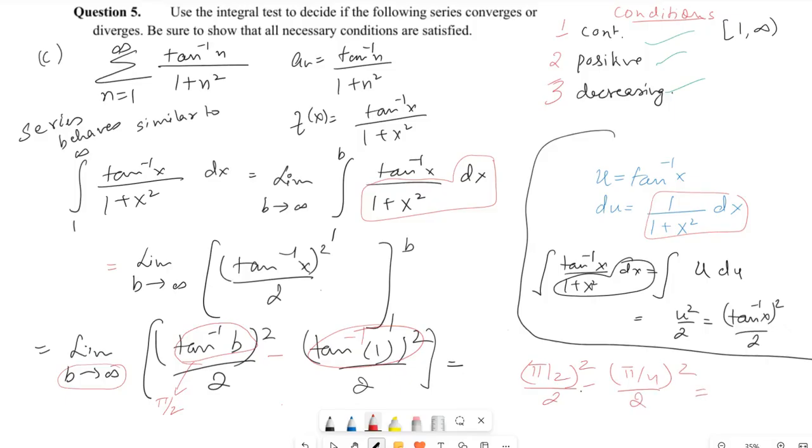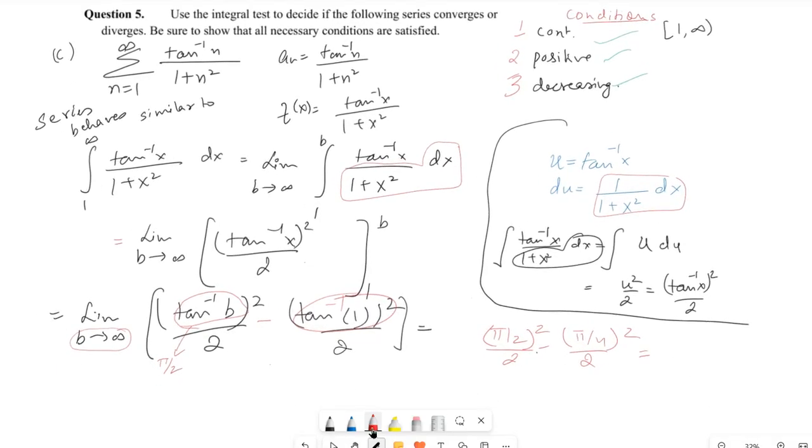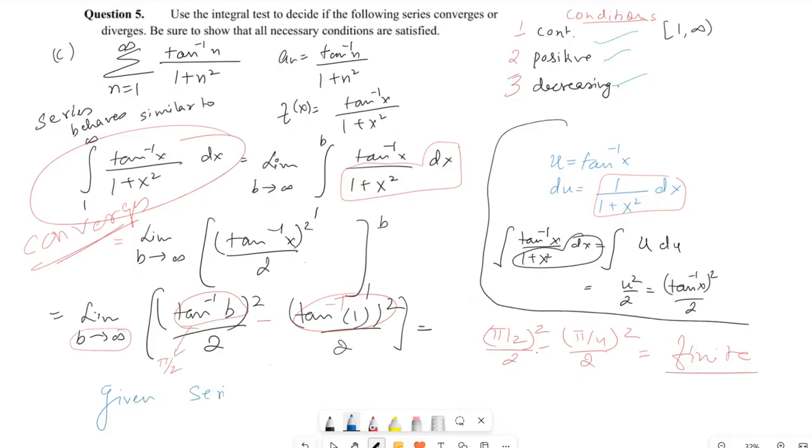Now I can evaluate that. It can be an expression number, but whatever this is, the most important thing is that this is finite. Therefore, this integral converges. And because the series behaves similar to the integral, we are going to answer: the given series also converges.